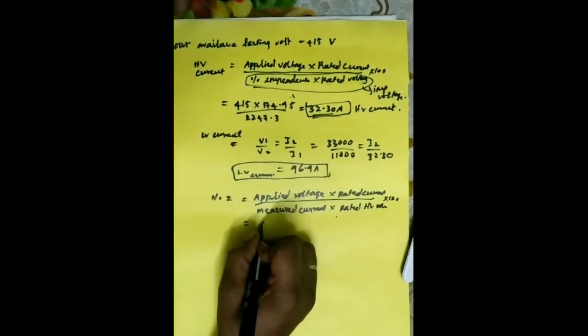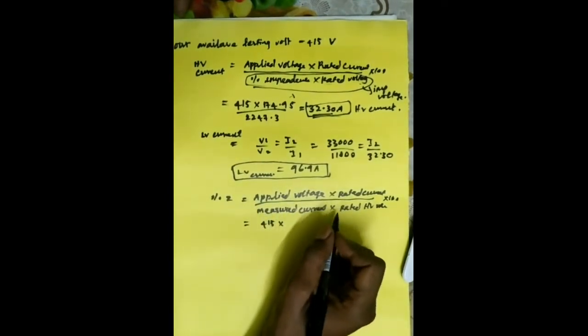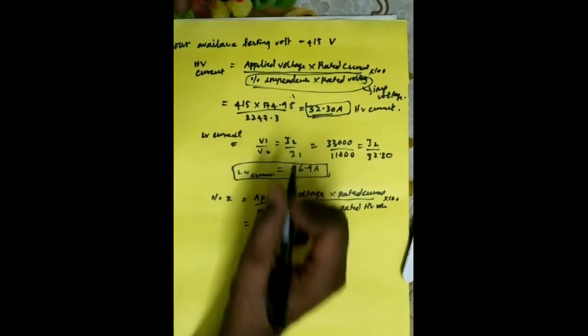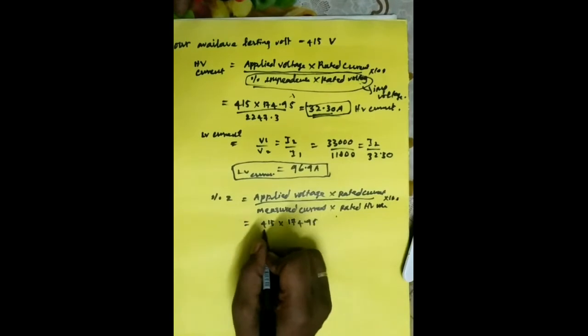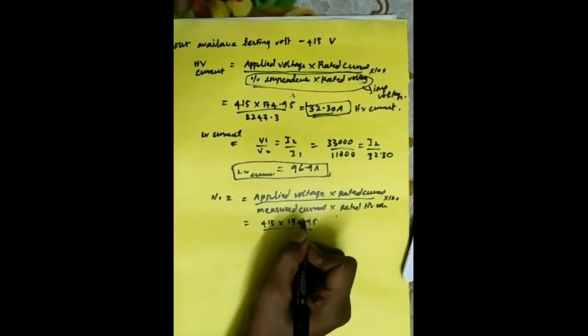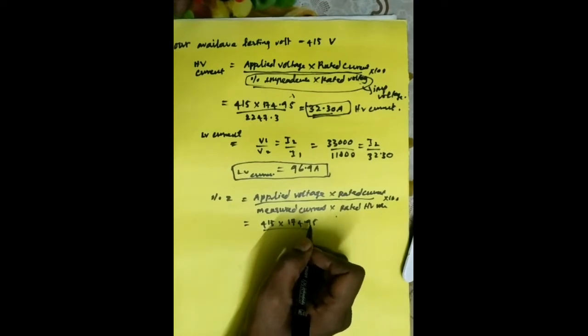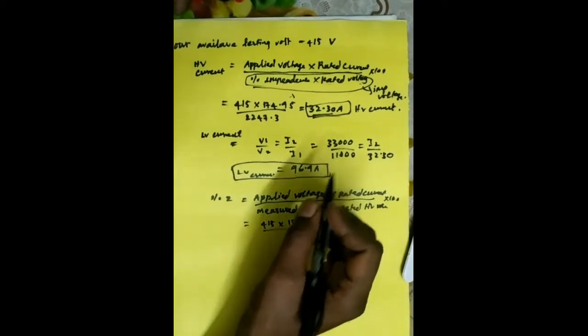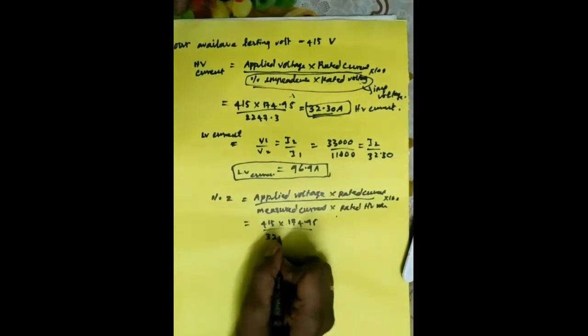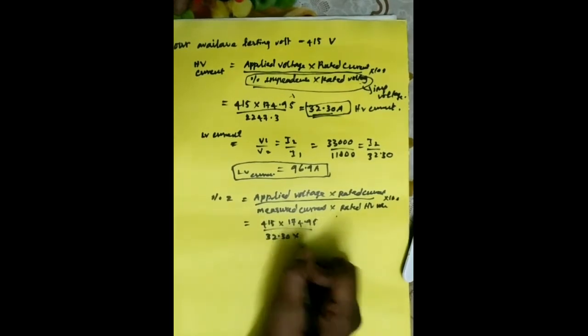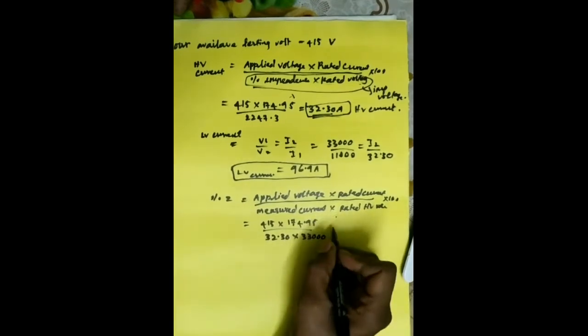So your applied voltage is 415 volts, and the rated current is the rated full load current of the transformer primary, divided by the measured current. What you have measured is the primary current, which is 32.30, while applying this 415 volts, into the rated HV voltage, which is 33,000.